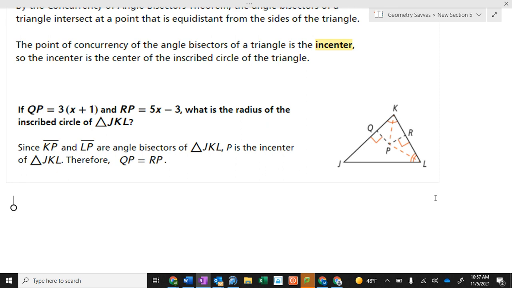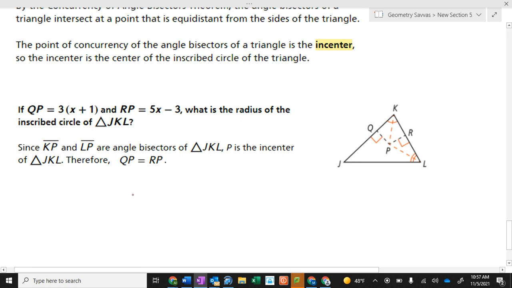Set QP equal to RP to find the radius. 3 times x plus 1 equals 5x minus 3.